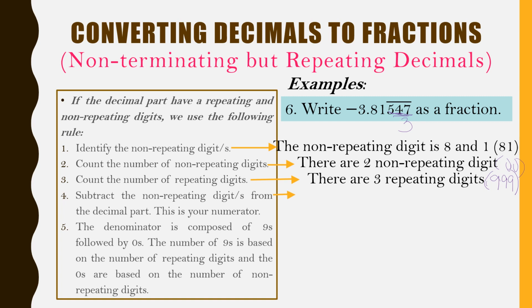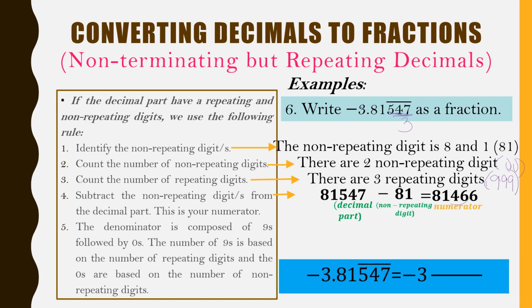Next, number 4, subtract the non-repeating digits from the decimal part. So our non-repeating digits is 8 and 1, or 81. And then our whole decimal is 81,547. And when we subtract these two, the result is 81,466. That will be our numerator.